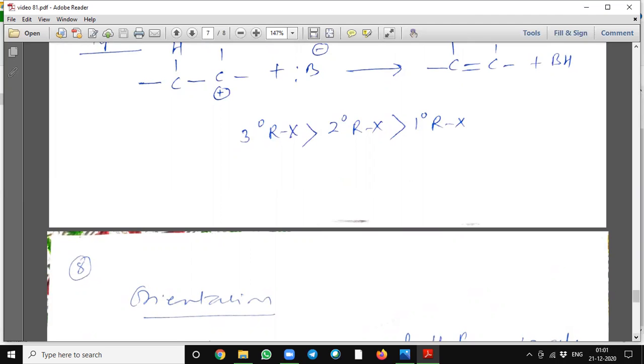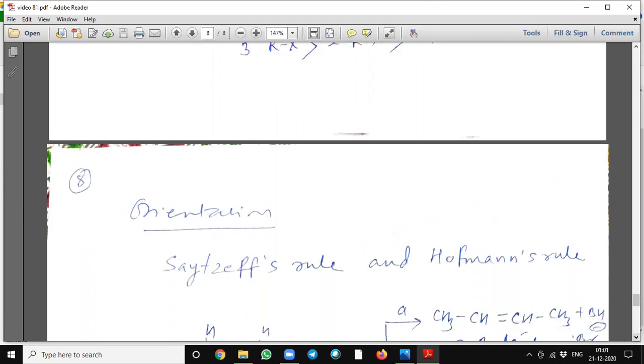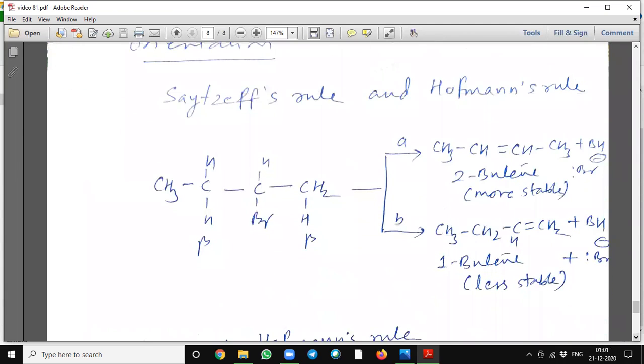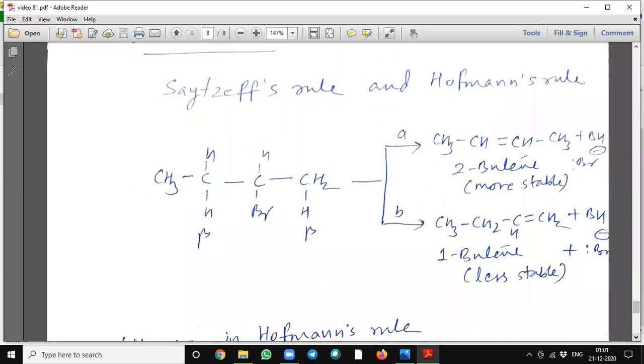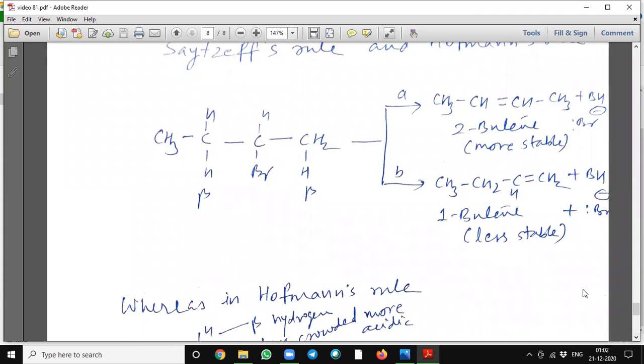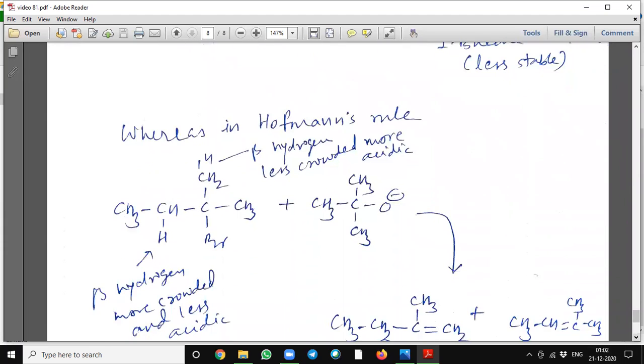Orientation. Saytzeff rule and Hofmann's rule. Here, by the Saytzeff rule, it will form the more stable 2-butene and a smaller quantity of 1-butene. Whereas in the Hofmann rule, we are using a strong bulky base, tertiary butoxide.